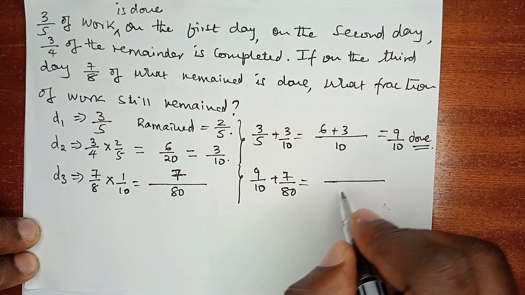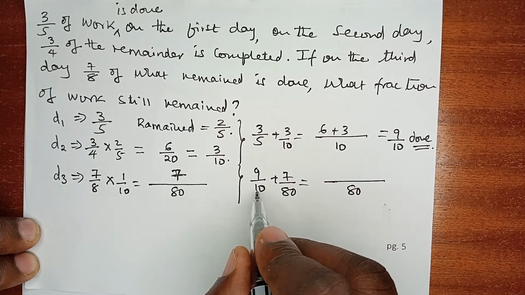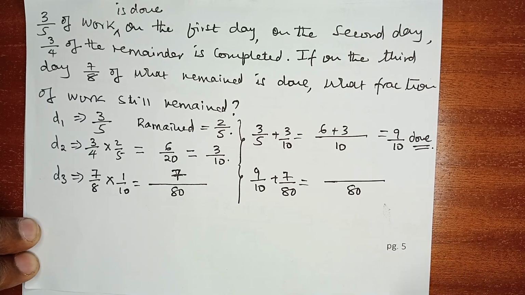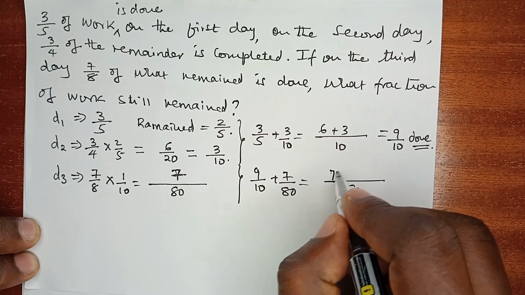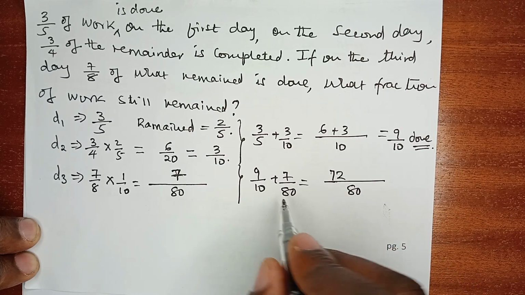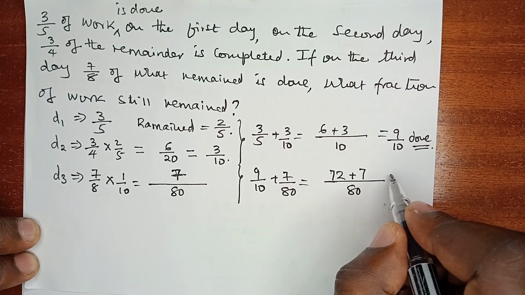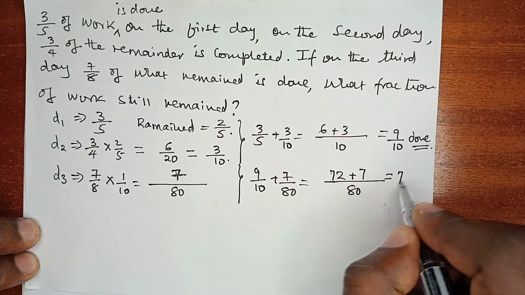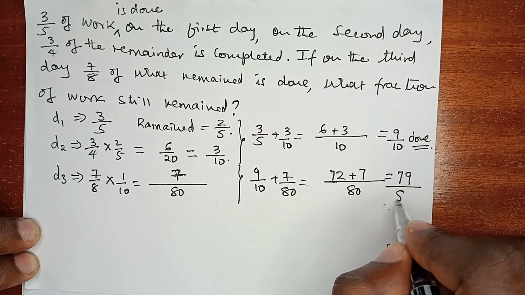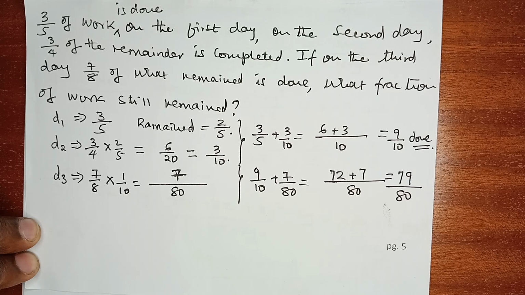And the LCM is 80. 80 divided by 10 is 8, times 9, which is 72. 80 divided by 80 is 1, times 7 is 7. So entirely, we have 79 out of 80 of the work done.